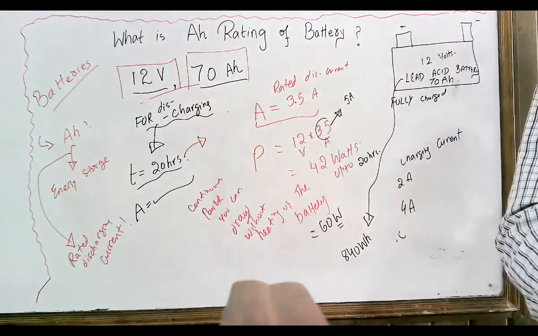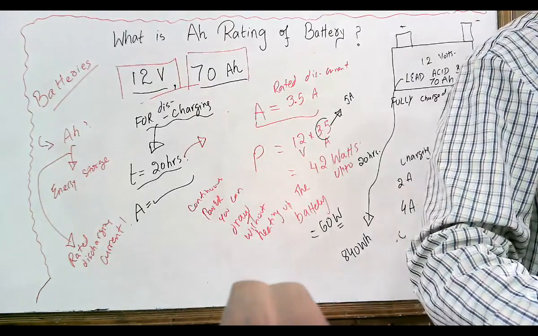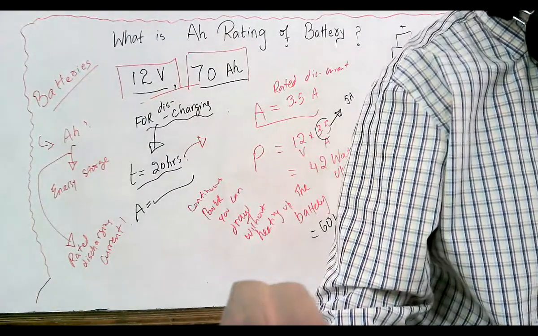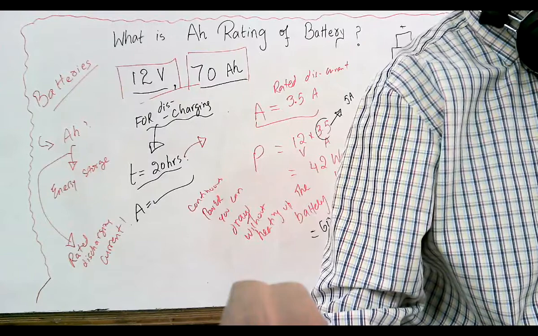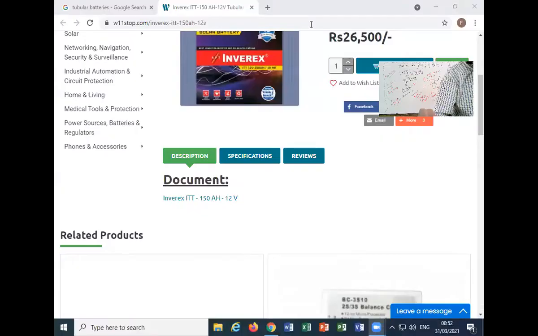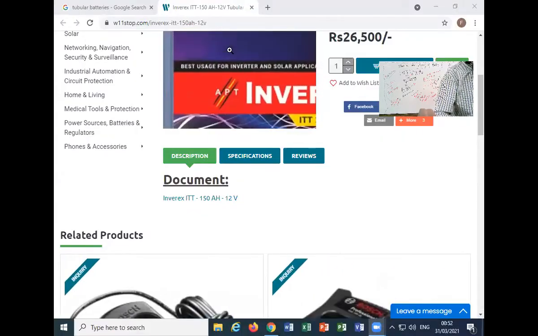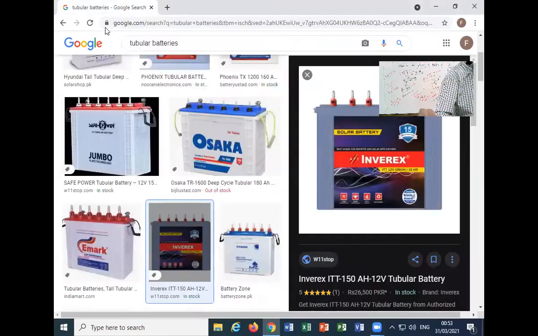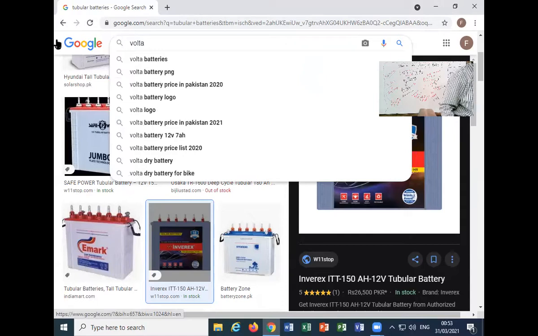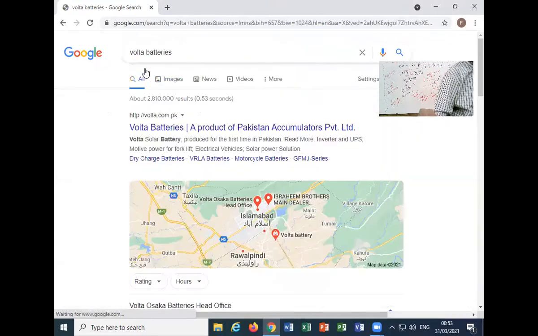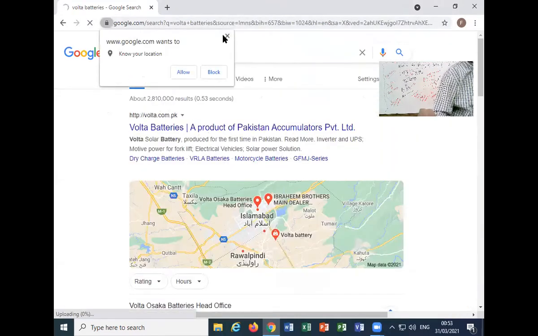Okay, so now let's move to another practical example, or the field example. Let me share my screen with you. Okay, that's right here. Now I'm opening a website of a battery manufacturer, and we will do further analysis and establish further understanding from there.